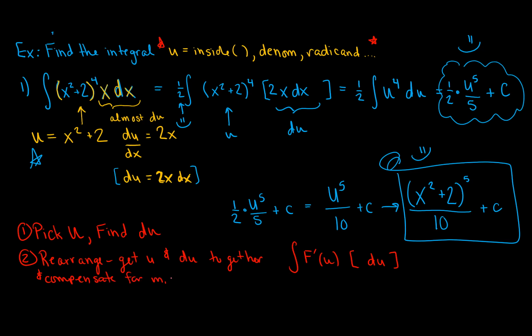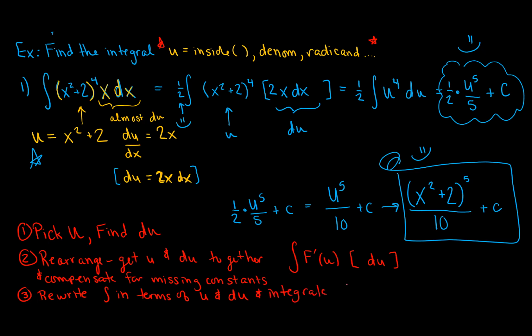And compensate for missing constants. That means you can only compensate for a missing 4 or a pi or an e, but you can't compensate for a missing variable. Third, you're going to rewrite your integral in terms of u and du.